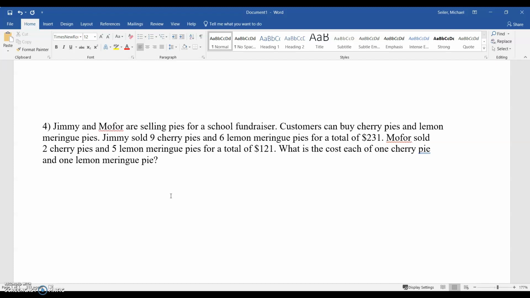Hopefully by now you agree that these are pretty easy. You can see the setup. For Jimmy, he sold 9 cherry pies, he sold 6 lemon meringue pies, and it was a total of $231. So first equation, 9x plus 6y equals 231.